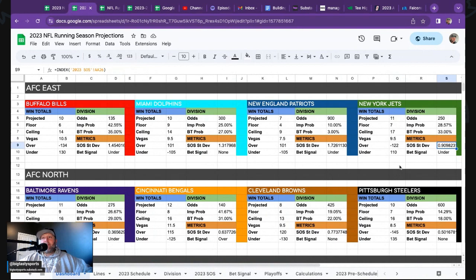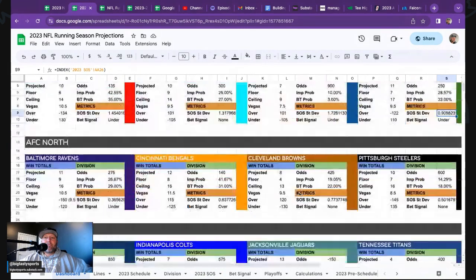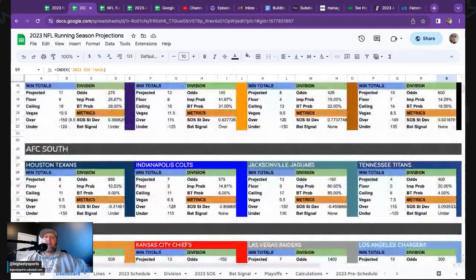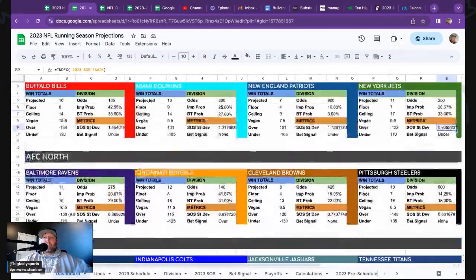So the Jets schedule isn't easy at a 0.9, but when you compare it to the rest of the division, it is significantly easier. I mean, it's 0.4 standard deviations better than the next best team, which is the Dolphins at 1.3. So once you understand what that standard deviation score means, you can just click through these divisions and understand where teams are at in terms of their strength of schedule.